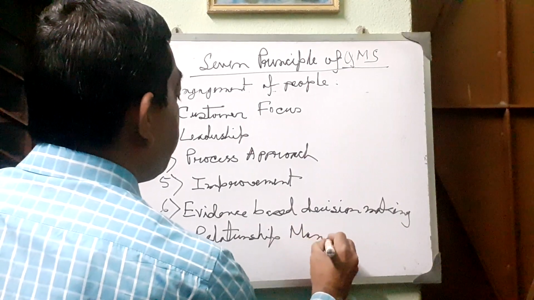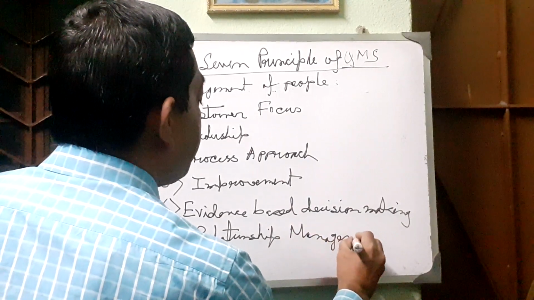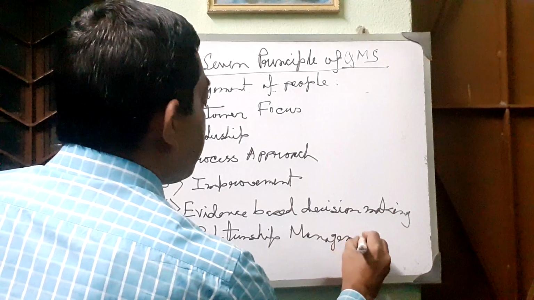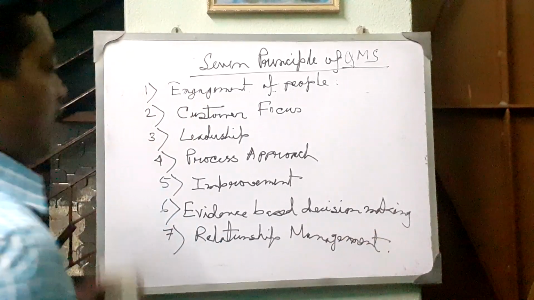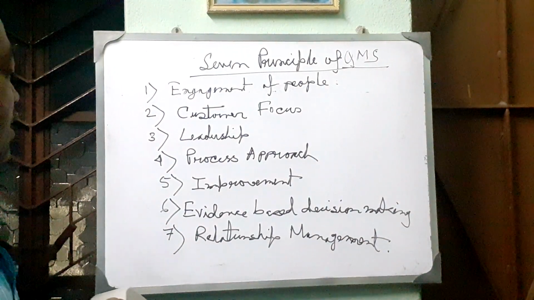So these are the 7 principles of quality management system. So you can understand this one.